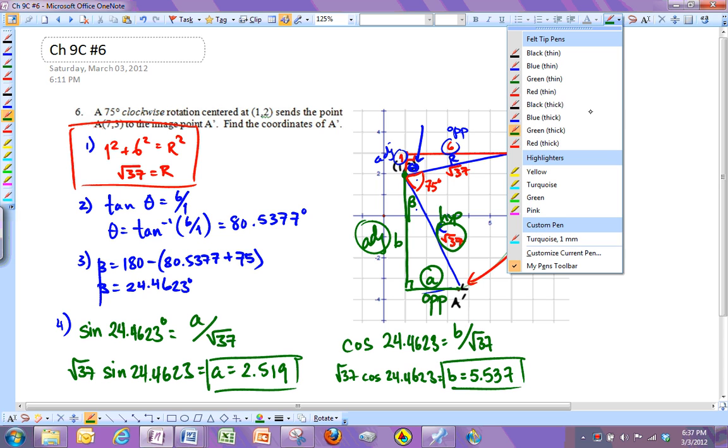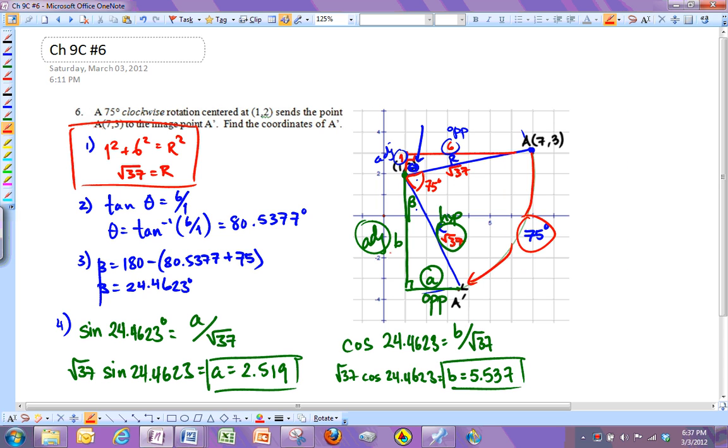So now we've got this. This side here is 5.537, this side here is 2.519, and the point that we're starting from is 1, 2.